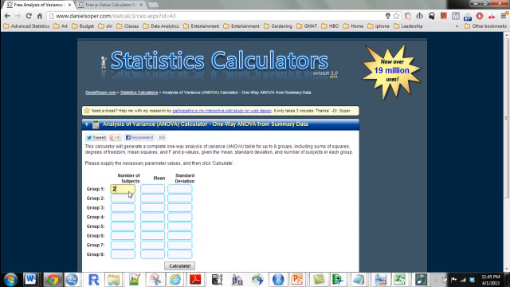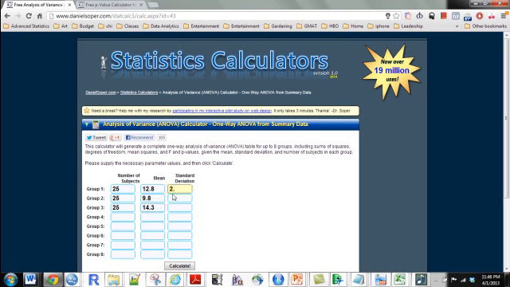So in this problem we had sample sizes of 25, 25, and 25, and we had means of 12.8, 9.8, and 14.3, and we had standard deviations of 2.7.